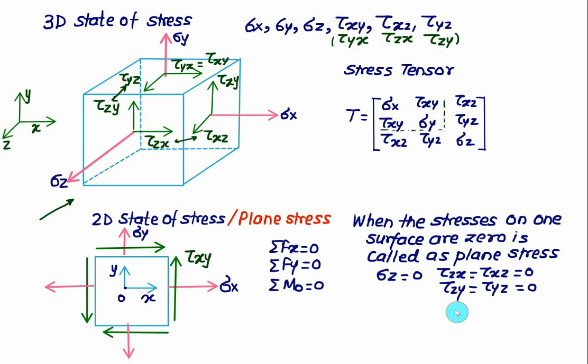But it is not compulsory to make sigma z 0. You can force sigma x equal to 0, tau xy equal to 0, tau xz equal to 0. Then we have a 2-dimensional stress along the y and z directions. Likewise, we can force sigma y 0, tau yx 0 and tau xy 0.